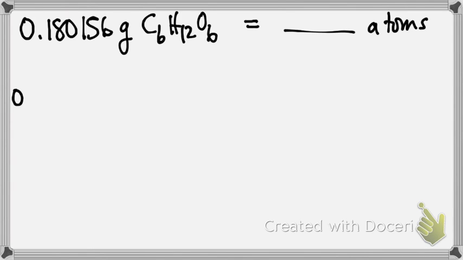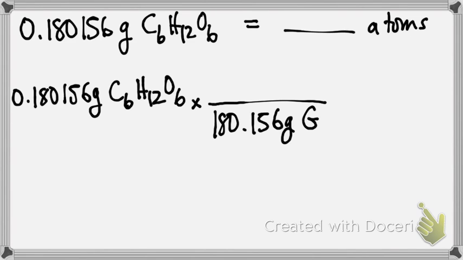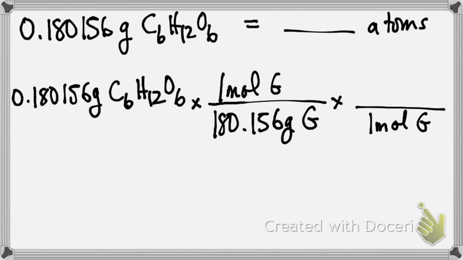So again, I'm going to start with what I know. I know that I have 180.156 grams of glucose, I'm going to abbreviate that as capital G, in 1 mole of glucose. I know that 1 mole of glucose has an Avogadro's number of molecules.